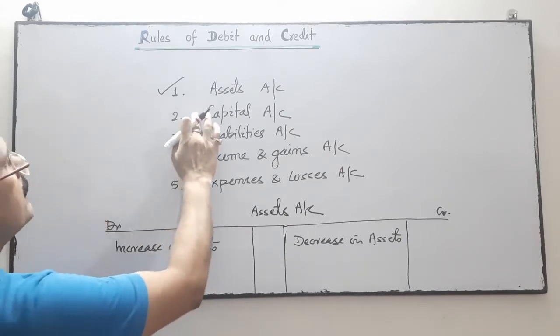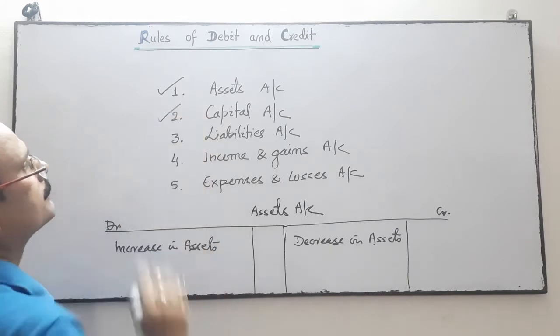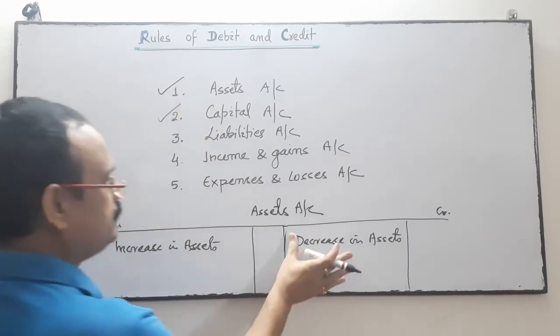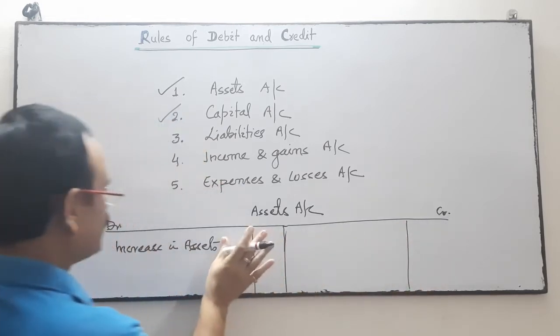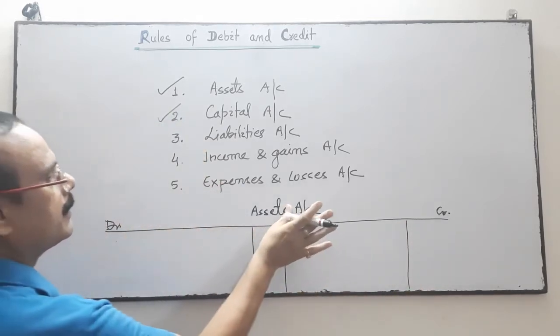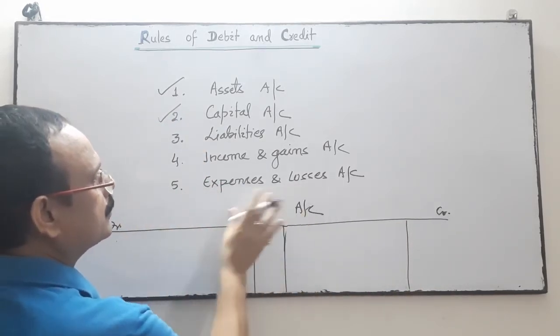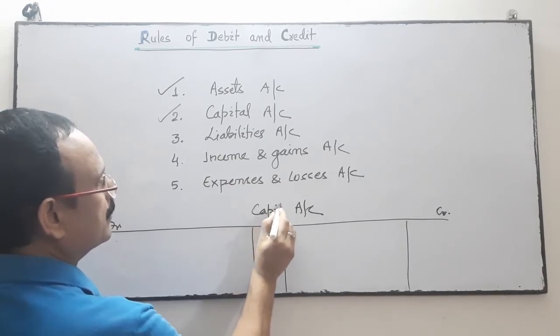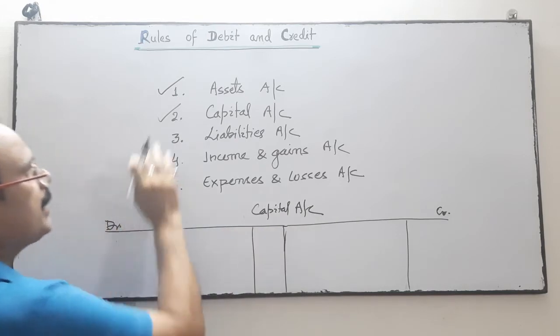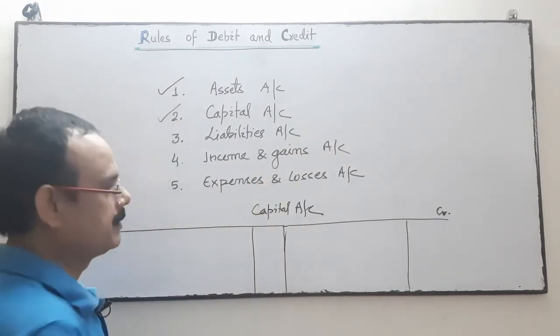Similarly, now come to the next one, capital. What are the rules of the capital account? It is just the opposite of assets.